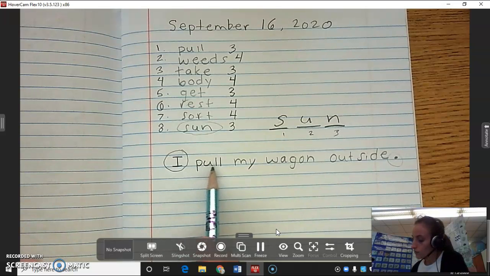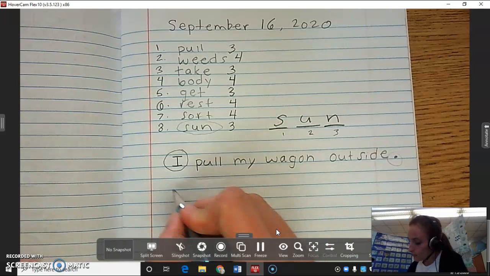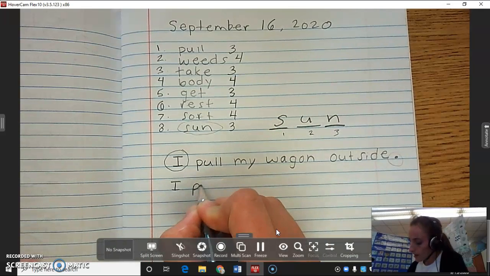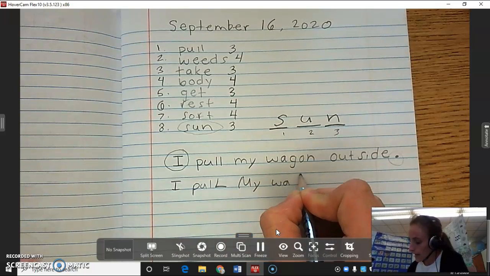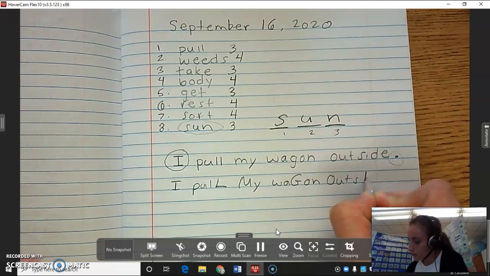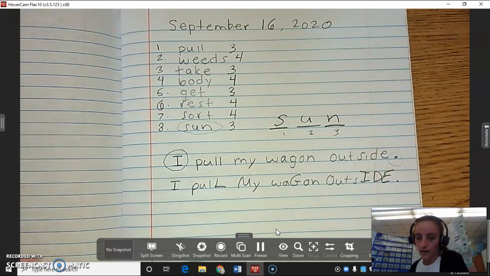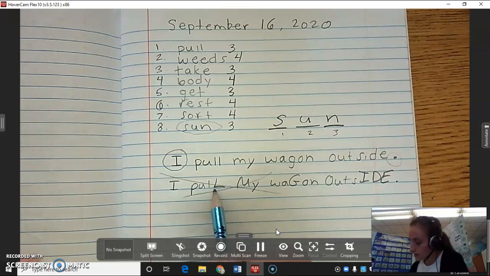Also notice that the rest of my letters are lowercase. I did not write like this. I pull my wagon outside. Look at that. This is not the way you write. Look at this uppercase.